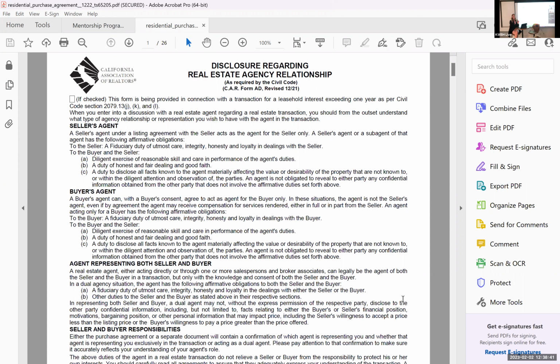However, it also means any two agents from the same brokerage. Okay, so if I have a listing and any one of you write on it, that is technically dual representation. Although, if your client has an issue with dual representation, you'll want to explain to them the difference between dual representation within the same brokerage. Okay, that shouldn't have any implications upon the exclusive agency relationship between me and my client and you and your client.